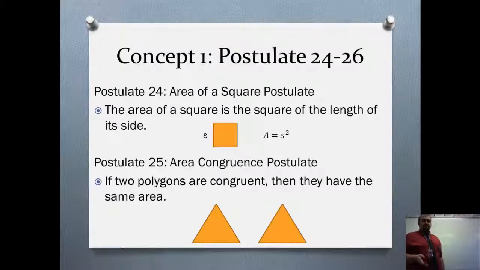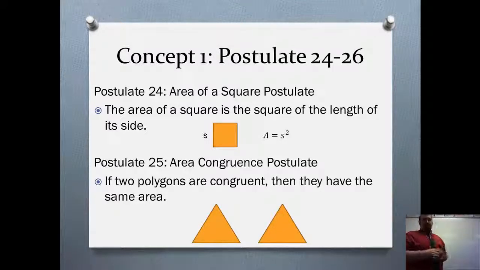Now, postulate 24 is the area of a square. Basically, I don't actually have a way to justify what area is, except that we are going to define the area of a square as side times side. And that's how we pretty much define all area, as a length times a width, and that surface, that space that we're looking at, is going to be our area.